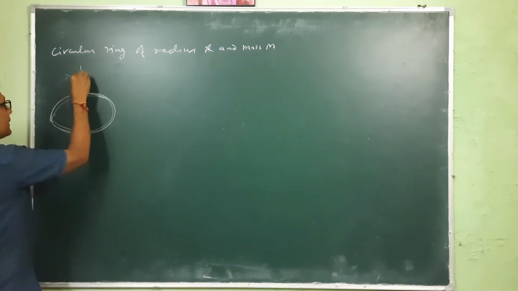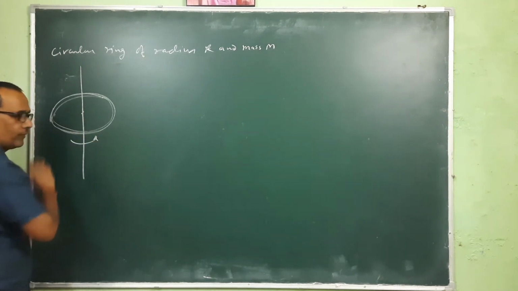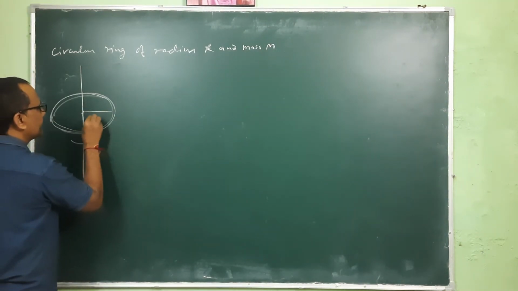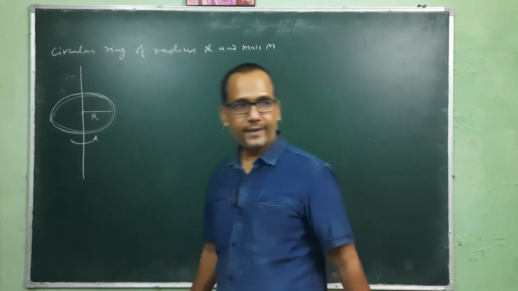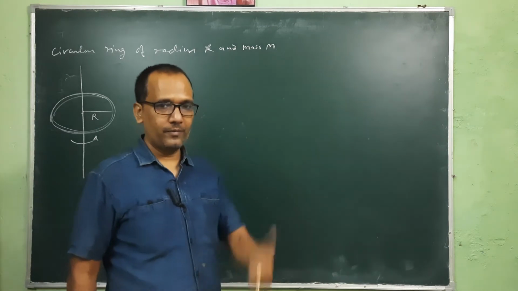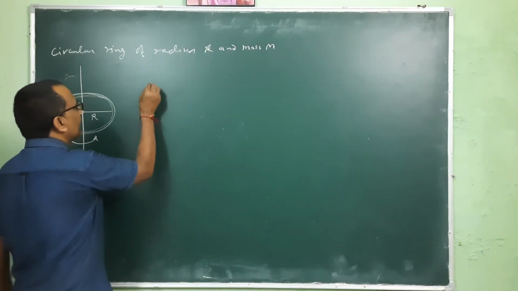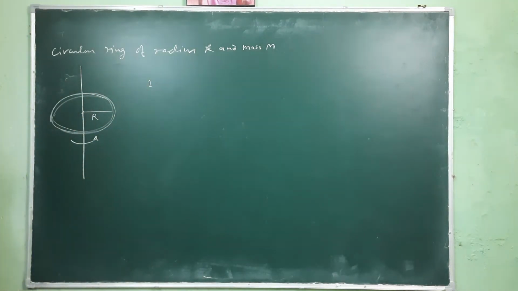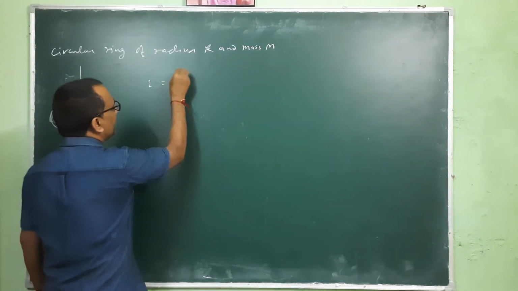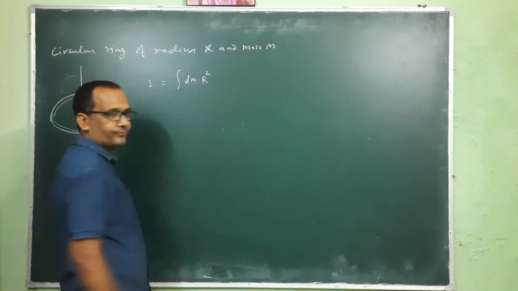This is the axis, and this ring is moving like this. Its radius is r. So this ring is rotating around the axis, and the axis passes through its center. And again for the moment of inertia I, because the mass is distributed uniformly in the ring, its density is identical. So I is equal to the integration of dm multiplied by r square. R is constant.